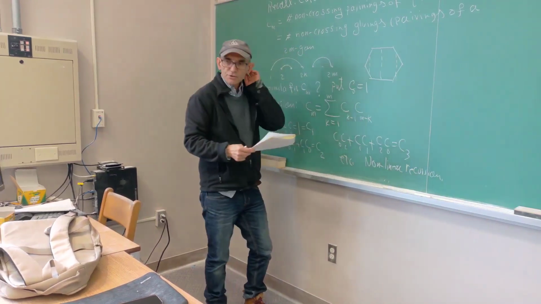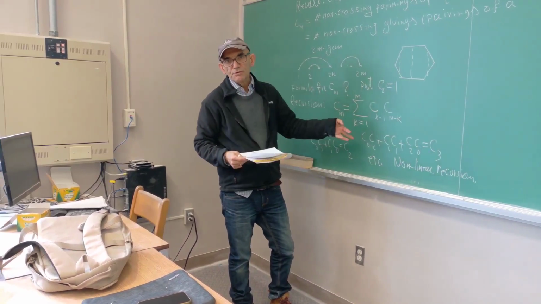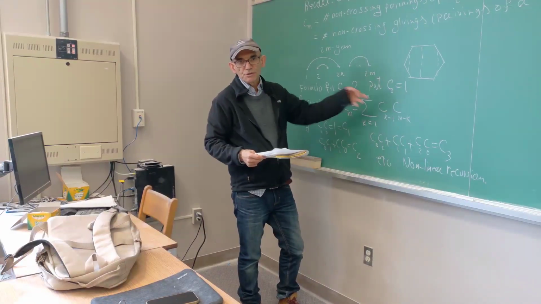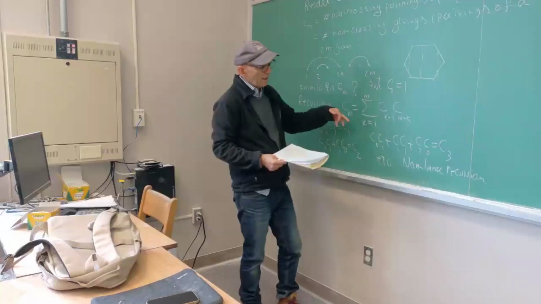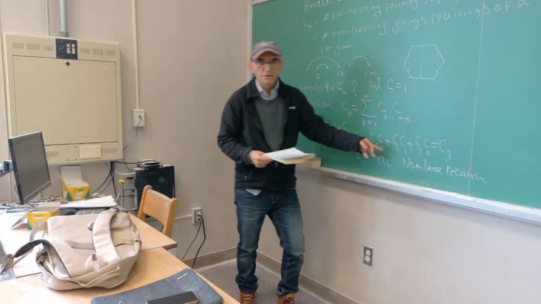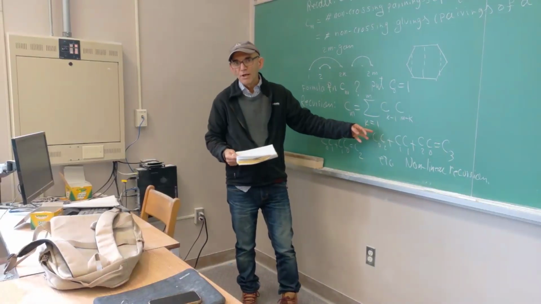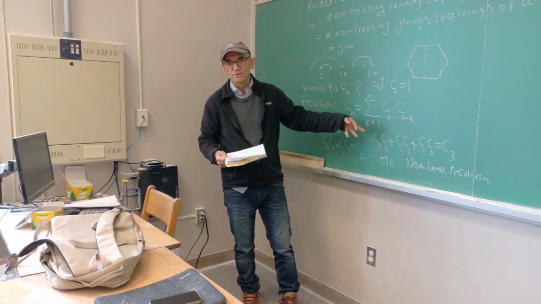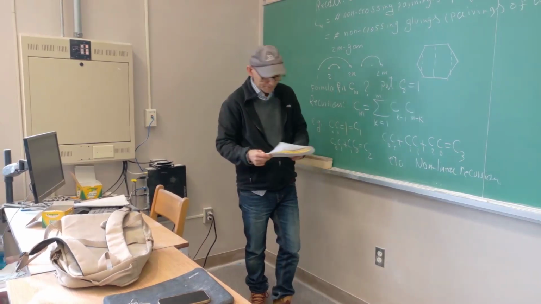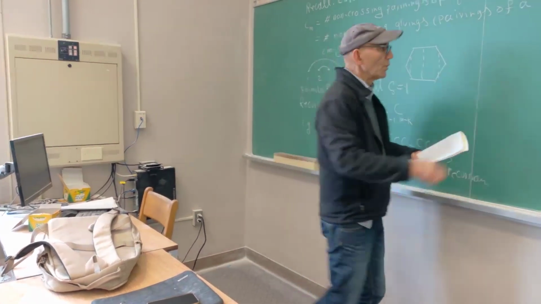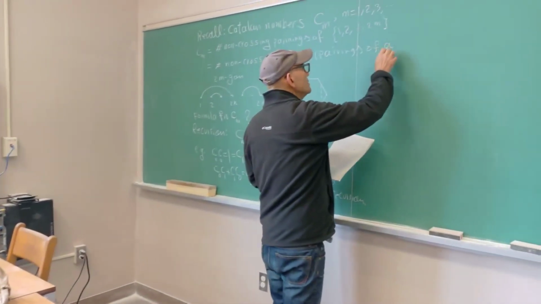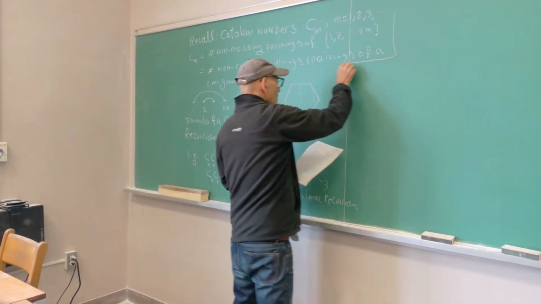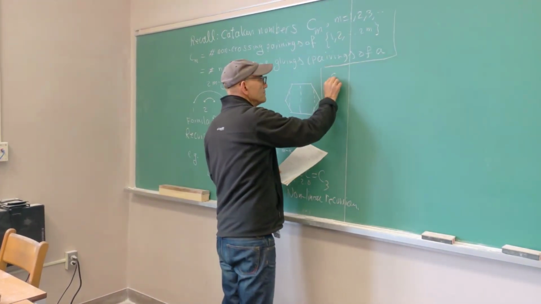To solve it, it's customary in recursion theory to introduce generating functions. And then this sort of recursion can be turned into either an algebraic equation or a differential equation for generating functions. And then we try to solve that, okay? So let us define a generating function for this.